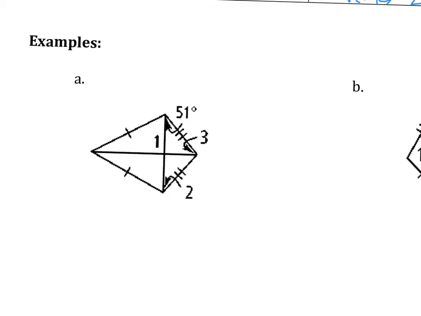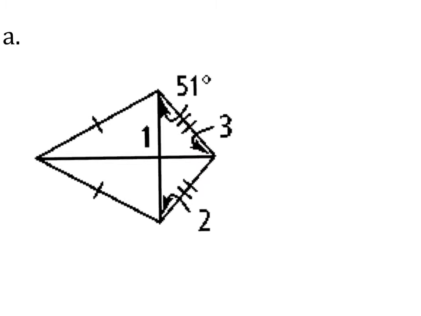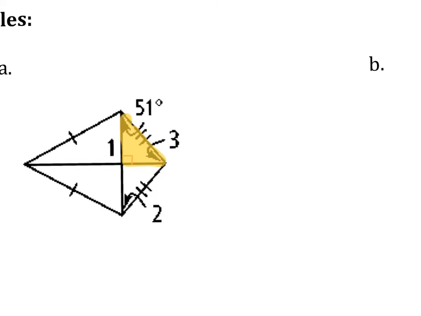All right, so let's look at an example here. Since we know this is a kite, why do we know it's a kite? Because congruent, congruent, and these are congruent there. Which means this has to be 90 degrees right there. And we know that inside forms this triangle right here that has to be a right triangle. Therefore, the two acute angles are complementary. So there's a couple different reasons to give.